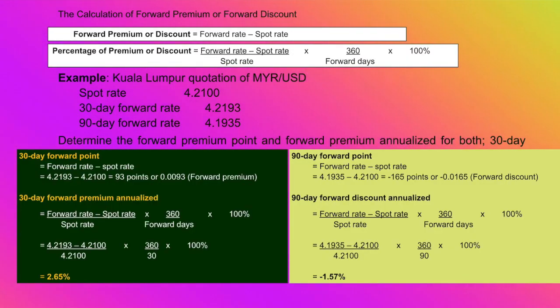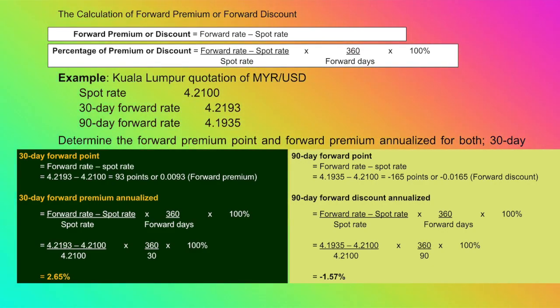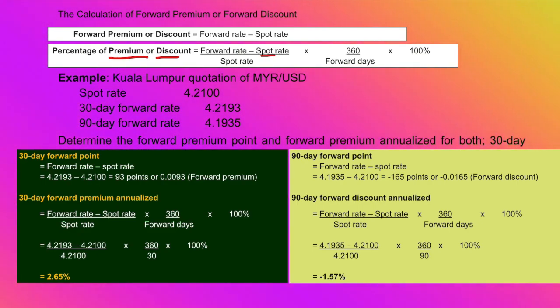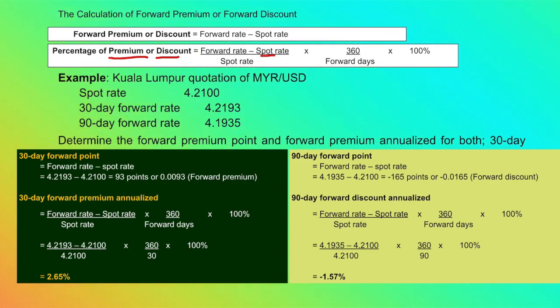Let's look at the calculation of forward premium or forward discount. The first one, forward premium or discount, how to get: forward rate minus spot rate. To get the percentage of premium or discount: forward rate minus spot rate divided by spot rate, times 360 divided by forward days, times 100%.